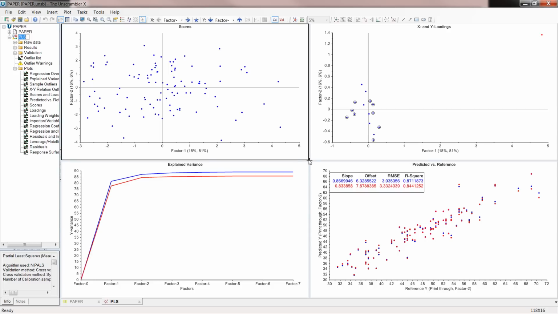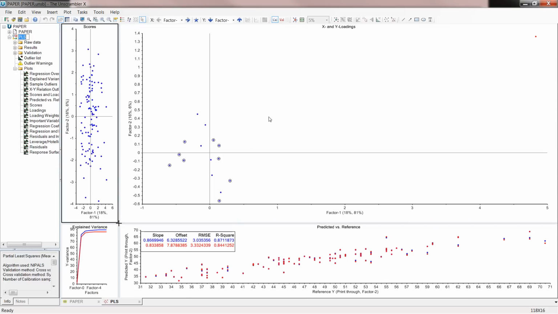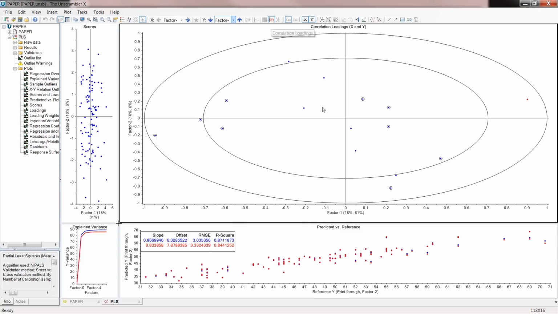So here's where we looked at the variable selection. Using that uncertainty test, it automatically chose what it thinks are the most important variables. You can choose them yourself as well. You can unmark them all. In this case, I might look at these correlation loadings and mark only the ones that are outside of this 50% line.